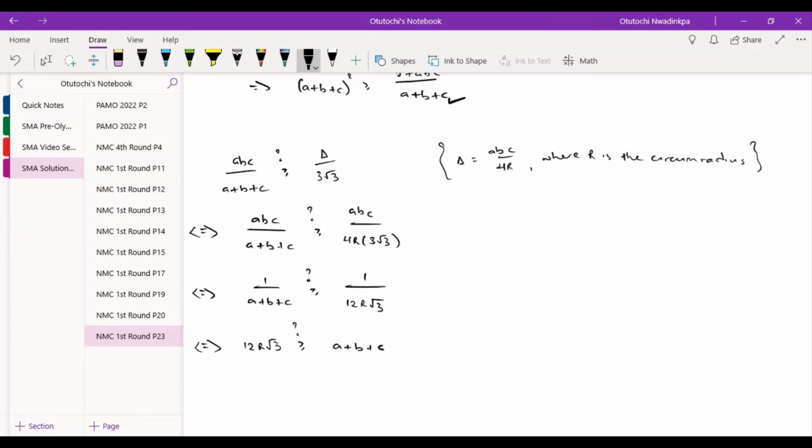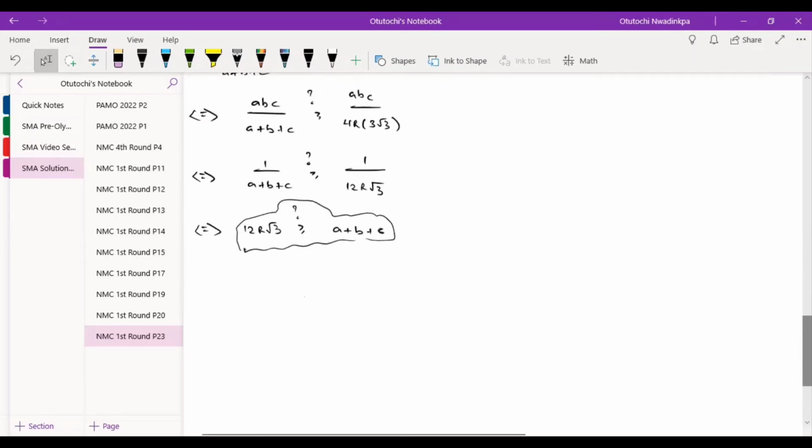But this is what we want to show, right? But for the sake of this solution video, I'll actually show a better case of this, which in fact is kind of a lemma.